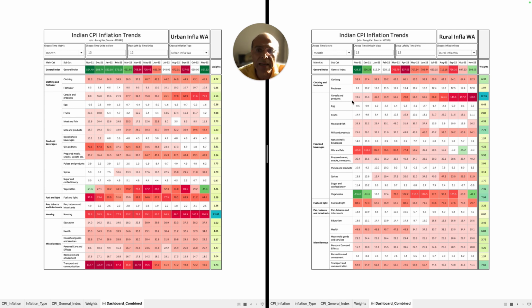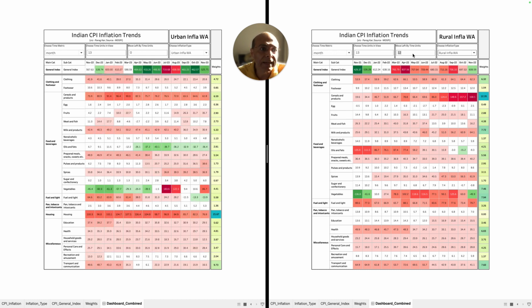Whereas on the rural side, you find that the cereal and product prices were actually low at the start of this window period, and they started increasing. But for both urban and rural, the contribution of cereal products is much higher to the overall index. I'll just bring the window back so that you notice the trend on both sides.